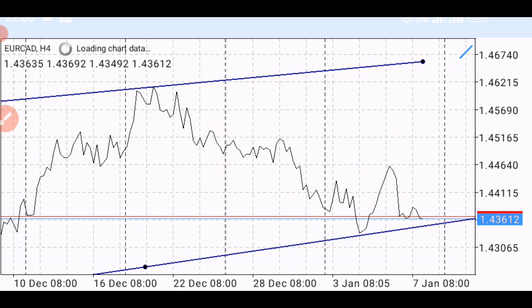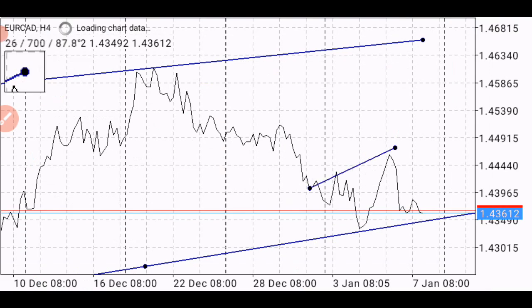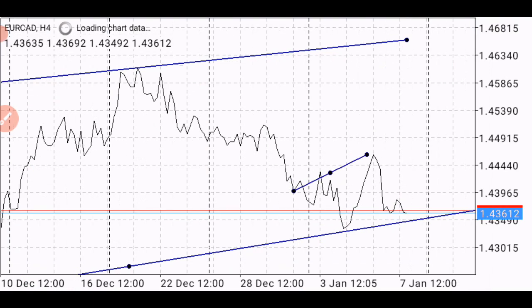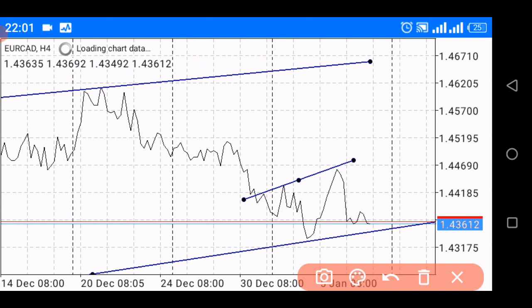But because my line chart was showing something else, I can say this is really a channel. I can say this is really a flag, because it does resemble a flag.